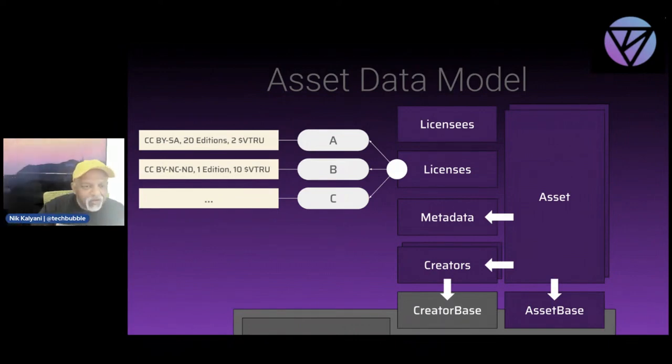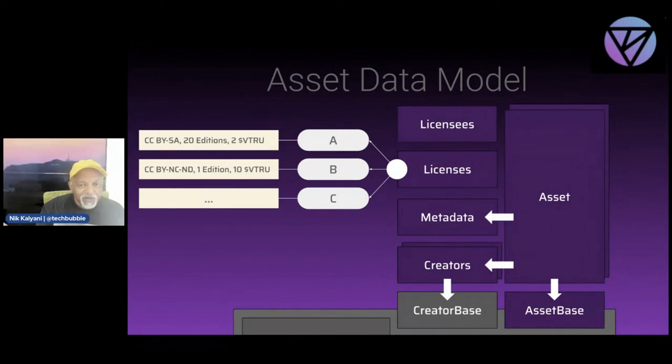So if you go and look on the Creative Commons website, you will see that the CC by SA is a very specific type of license. It's got very specific legalese, it's got specific rights, and that's what you're communicating with just that short string on there. It also says that there are 20 editions, and it's 2 Vitrus for each.